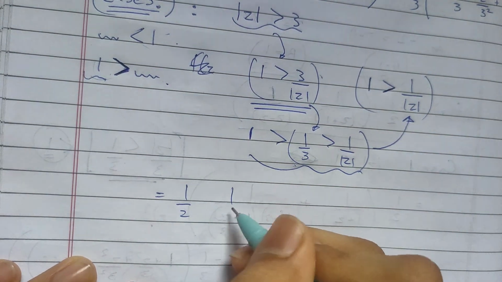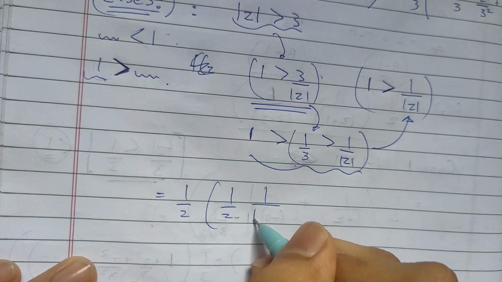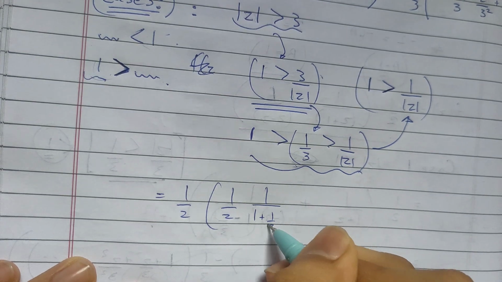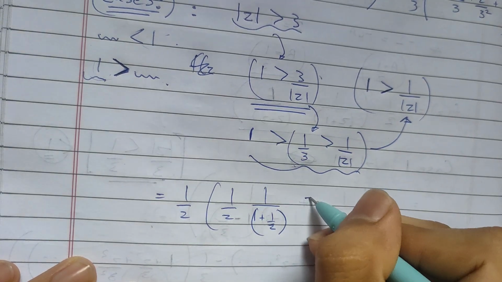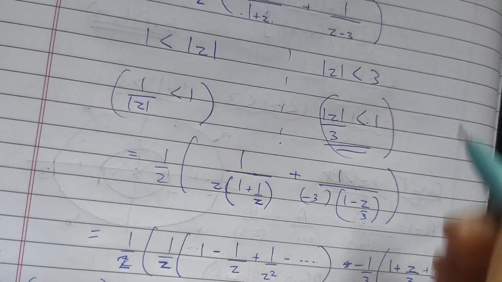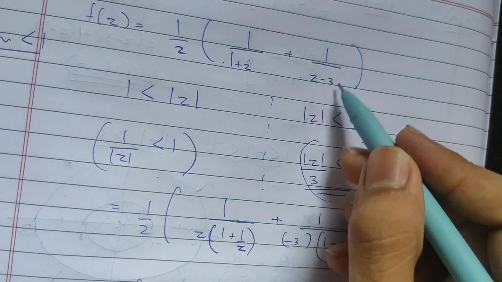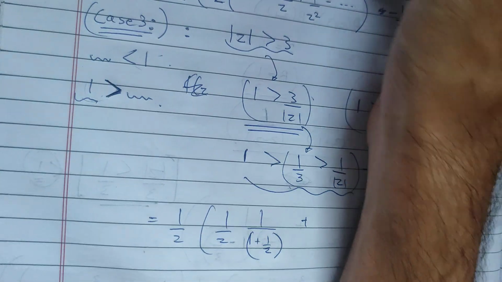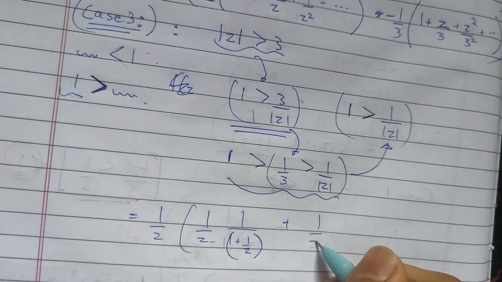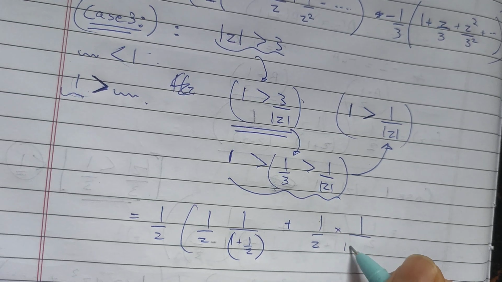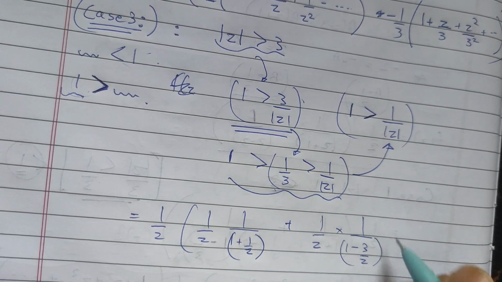If we take z common out, we'll get 1 by z into 1 plus 1 by z, plus, taking z common out from the other term, 1 minus 3 by z, and there will be a z outside. So 1 by z into 1 minus 3 by z.